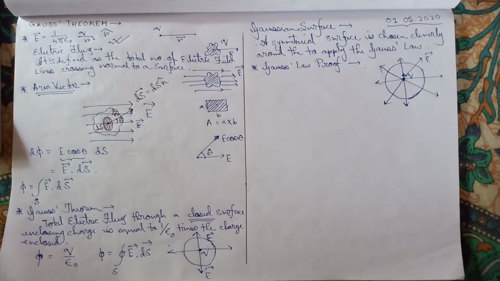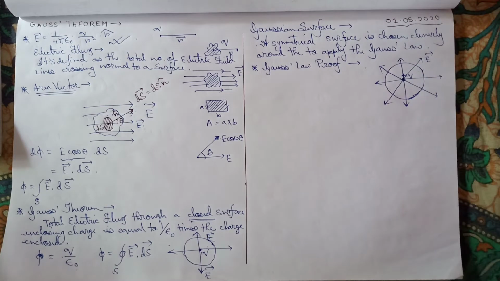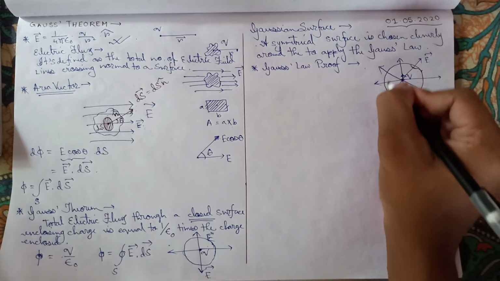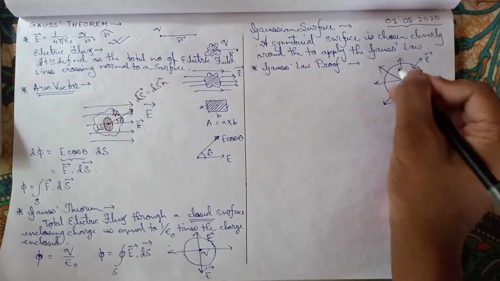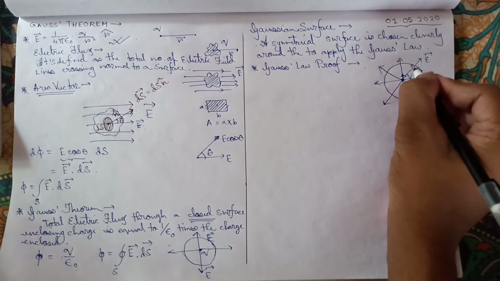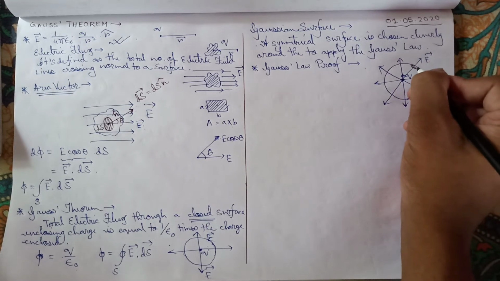Now let's take an elementary surface of the whole sphere. We will find the flux. Before that, we will just consider the elementary portion, the elementary surface ds. What will be the direction of this surface?